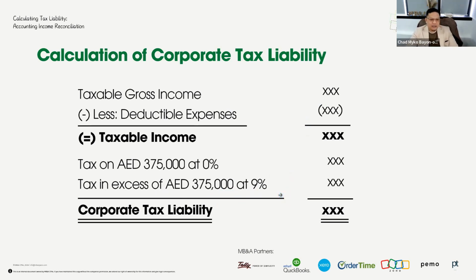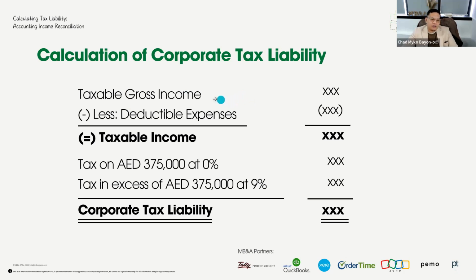But for UAE, they made it simpler. They made it relatable to the income you have in the books. Because the difficult part here is that you will have differences with your books of accounts.